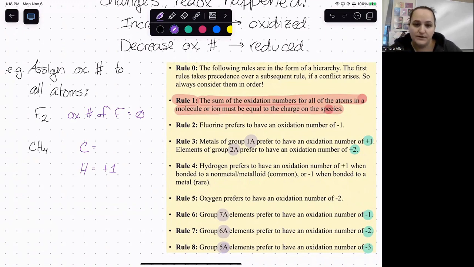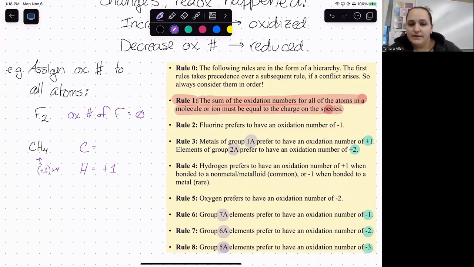It gets its preference. So essentially, whichever ones you assign first get their preference. You go in order of the list. So we don't have any fluorine, we can skip rule 2. We don't have any 1A or 2A elements, we can skip rule 3. We get to rule 4, hydrogen, this is relevant to this compound. So because hydrogen is highest up on our list, that is going to get a +1. And what we have to keep in mind is that this has a +1 oxidation number, and there are 4 of them.